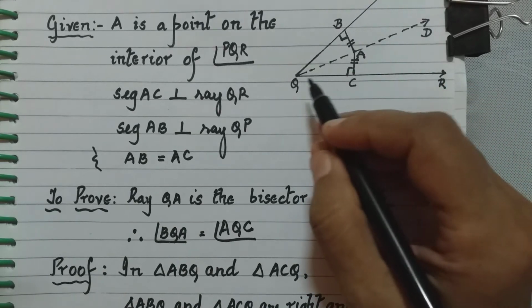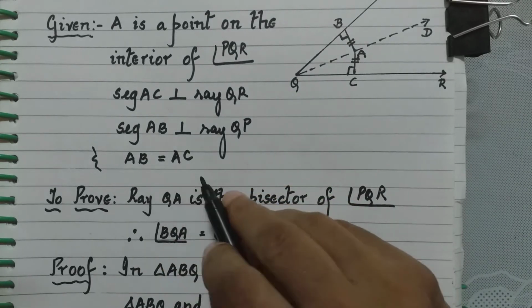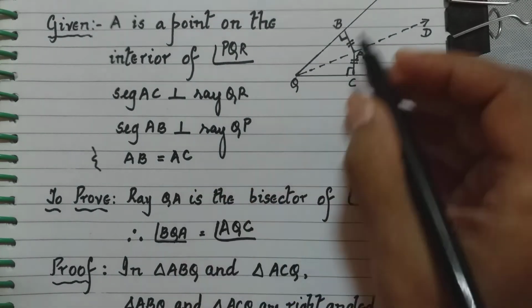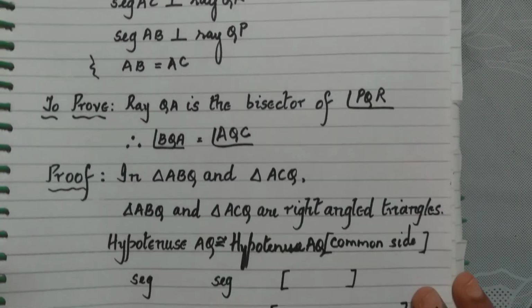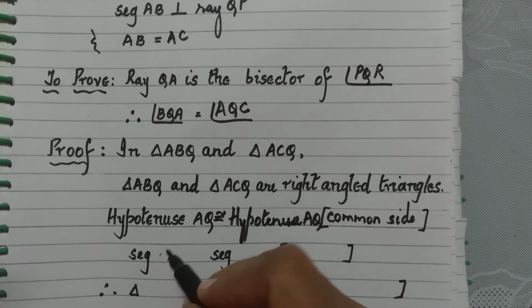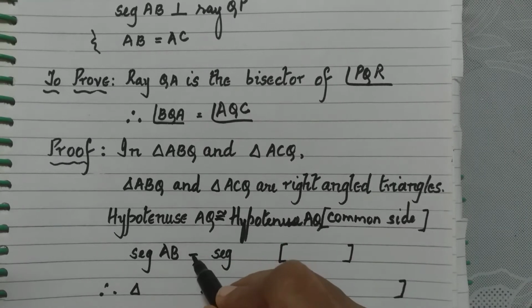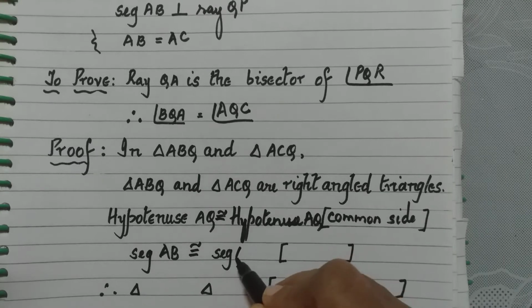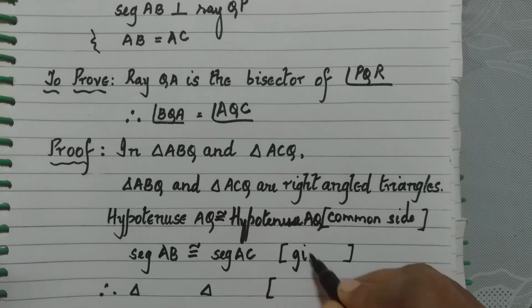They are right angle triangles. We have the hypotenuse also equal to each other. Also they have given AB is equal to AC. So segment AB equal to segment AC. So I can write here segment AB is congruent to segment AC. From where? They had given this.